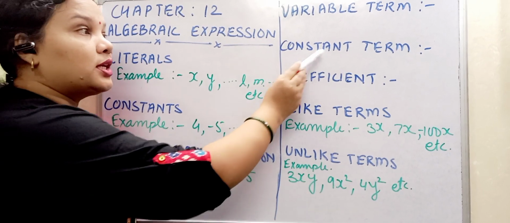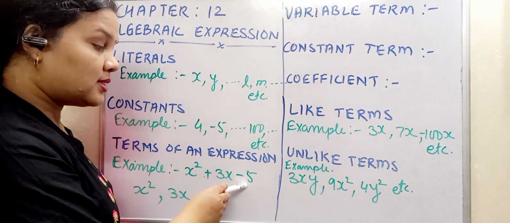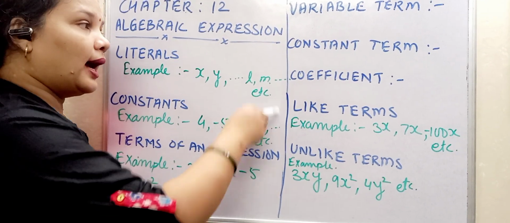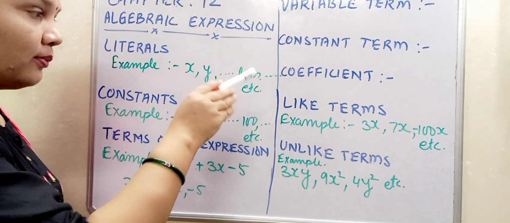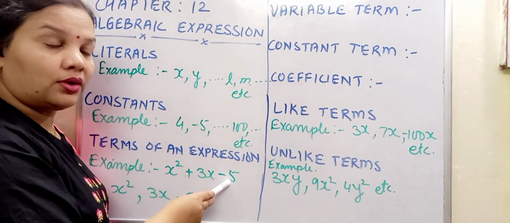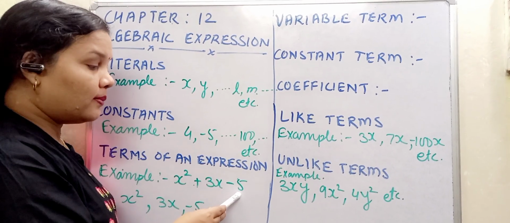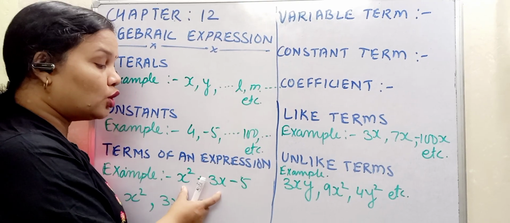Okay, and constant terms are those terms which contain numeric terms. So look at this example which I am showing here. I am using only this example for each and every thing which I am going to explain to you. So here 5 is the constant term, because it is a numerical term, and the variable terms are x square and 3x because they include the variable parts.